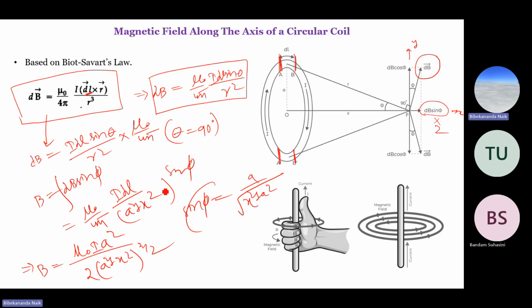The sin phi has a square root factor, so in total it gives us 3 by 2. There is one a from sin phi and another a from the 2 pi a. The 4 pi and 2 pi get cancelled and only 2 remains in the denominator. So this is the magnitude of the magnetic field that is produced.